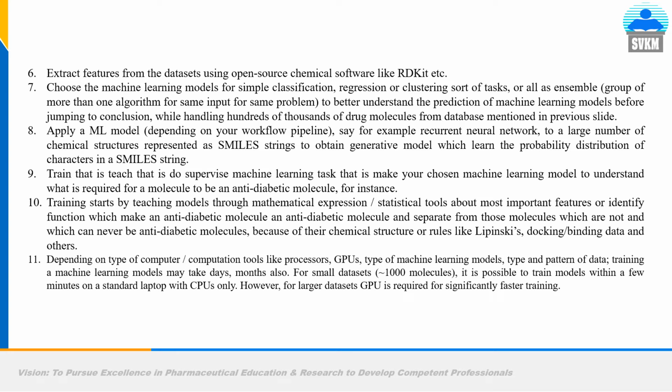Train, that is teach, that is to supervise the machine learning task, that is make your chosen machine learning model understand what is required for a molecule to be an anti-diabetic molecule, for example.